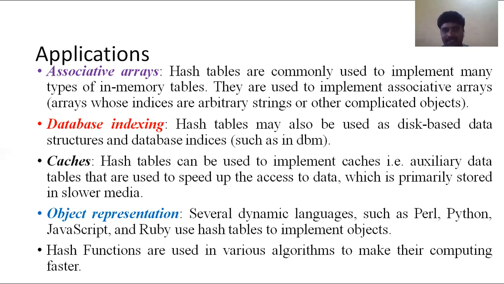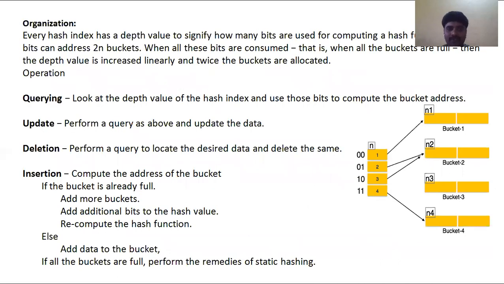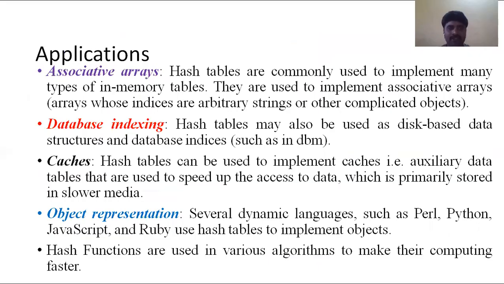In the dynamic functions, we can see what kind of techniques and operations we are using. In dynamic hashing we operate four things: querying, updating, deletion and insertion. Next we saw all the applications of hashing.